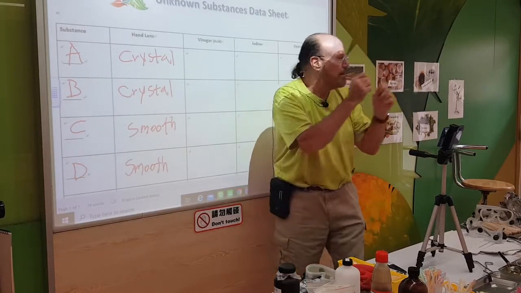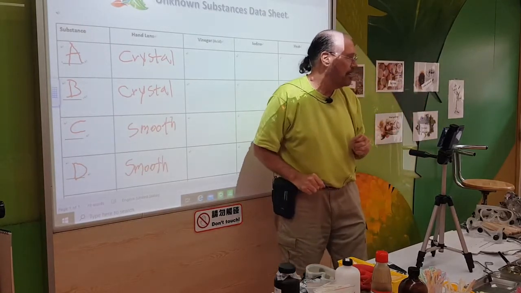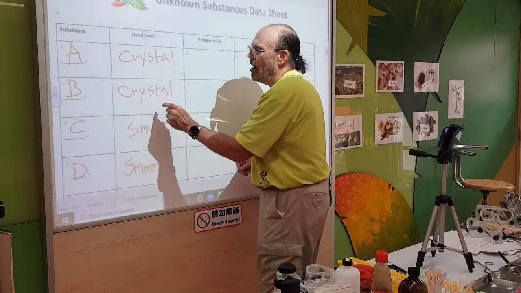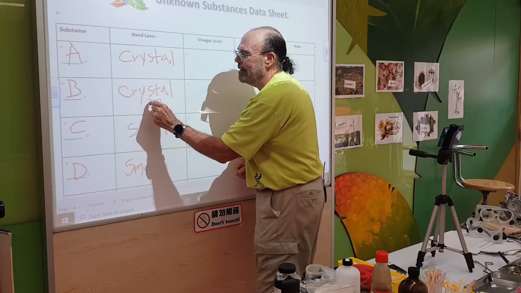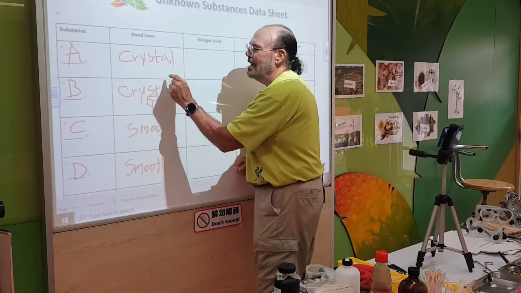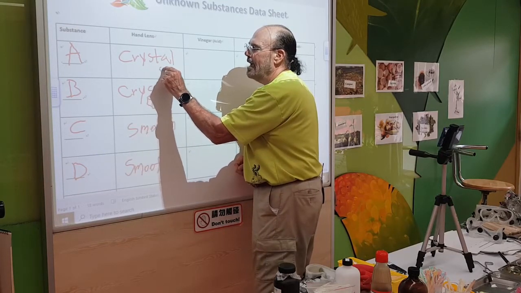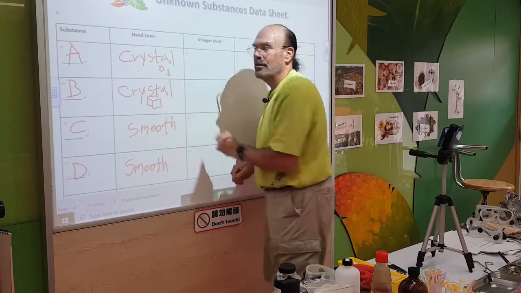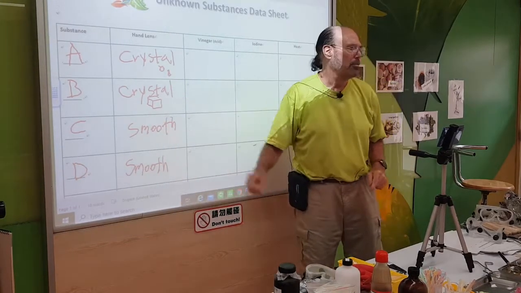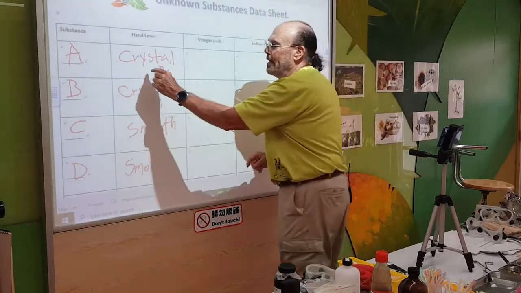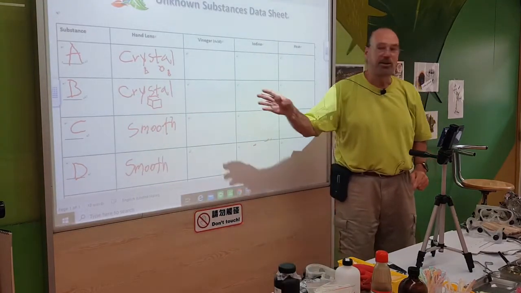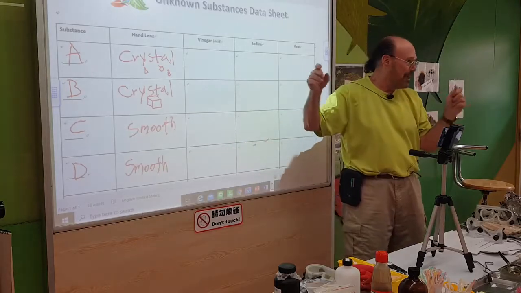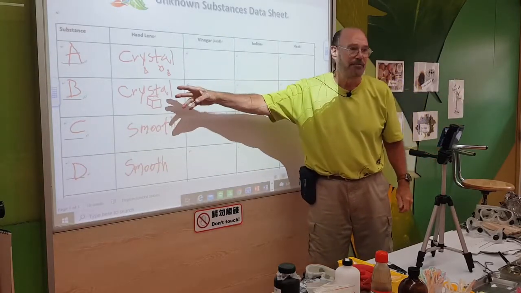I think if you look with the hand lens, you'll see the shape of B is a cube, and the shape of A is irregular, not a cube. Maybe a little bit of a cube, a broken cube, but if you really take a good look, you can see a difference.